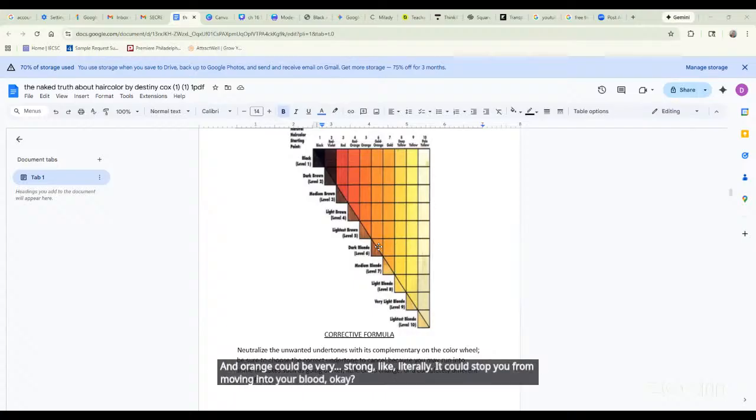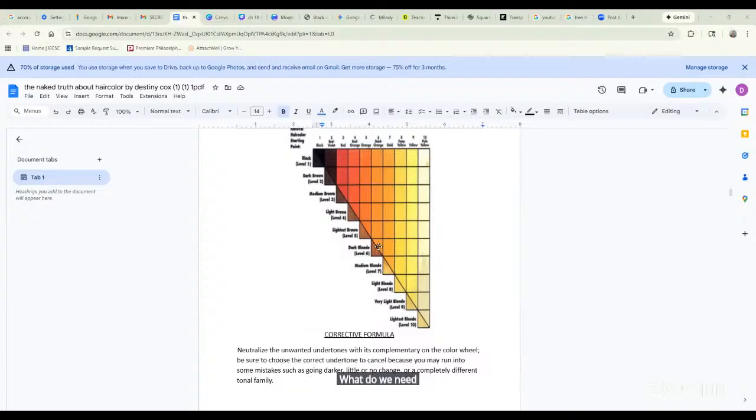What do we need to add to our color to make sure we cancel out that orange to get the very light blonde that we want? We go back to our color wheel. And what's opposite orange on the color wheel?